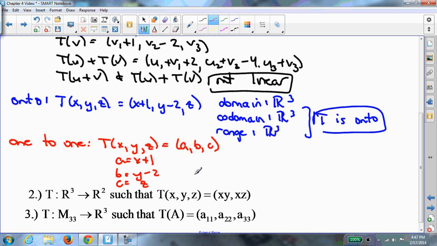So can I go backwards? Can I solve for x, y, and z in terms of a, b, and c? So x would equal a minus 1, y would equal b plus 2, and z would equal c. So that means T inverse exists. And so this is 1-to-1.